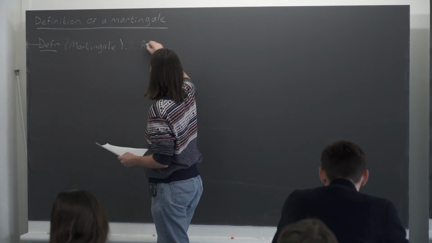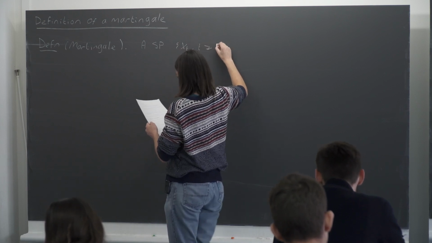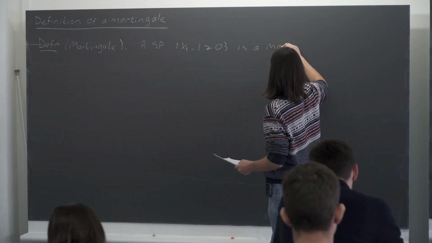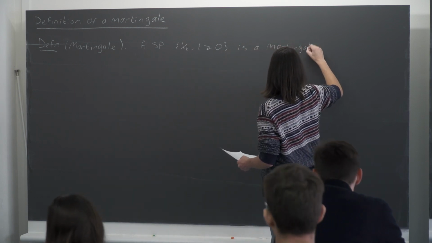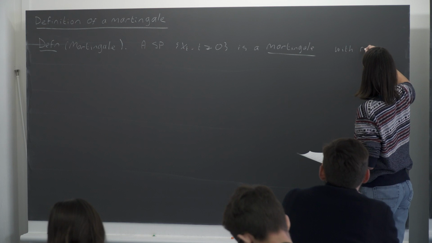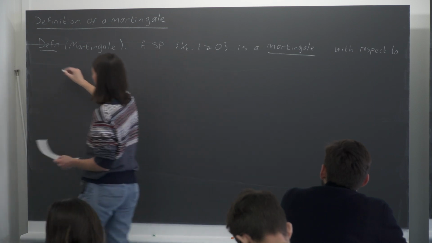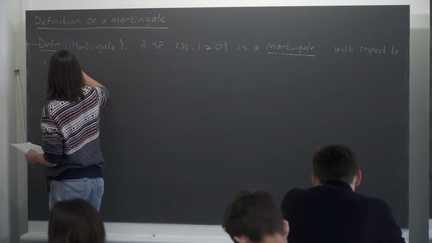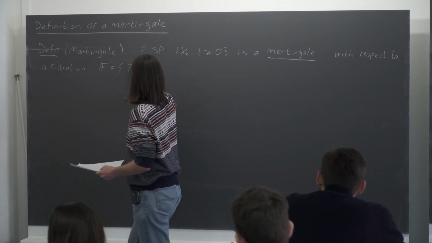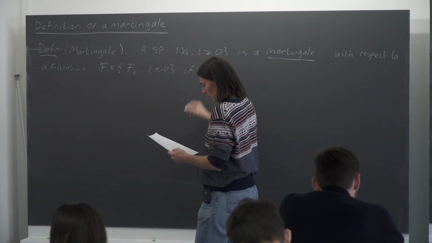A stochastic process Xt is a martingale with respect to a filtration F, which is equal to Ft, t greater or equal to 0, if it satisfies the following three properties.